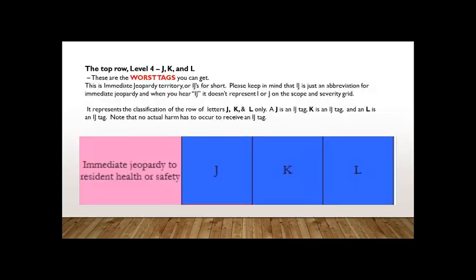Now here's the worst. When you get to the top, you don't want to be at the top of this grid. This is what we call immediate jeopardy to resident health or safety. And once again, safety, life safety codes play in big here. If we talk about the cares, but also the physical building. Is it going to cave in?